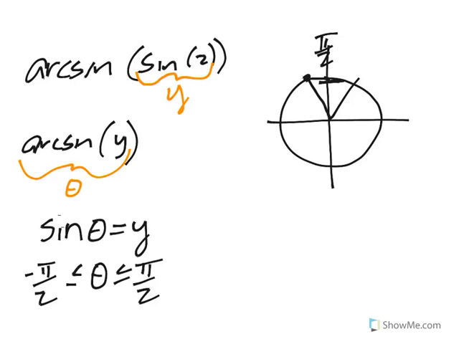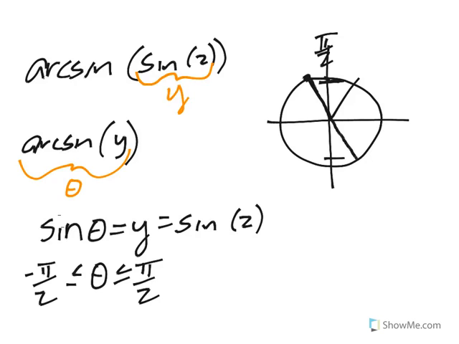It has the same y-coordinate, because y is sine of 2. So it has the same y-coordinate as 2 does, but it's not 2, because 2 is beyond π/2. We just talked about that. So similar to what we just did on the last problem, it's got to be down here with exactly the same y-coordinate. Can't be over there. Why can't it be over there?